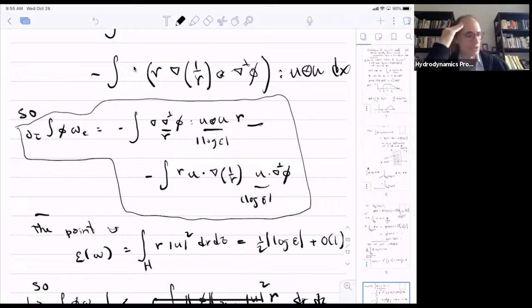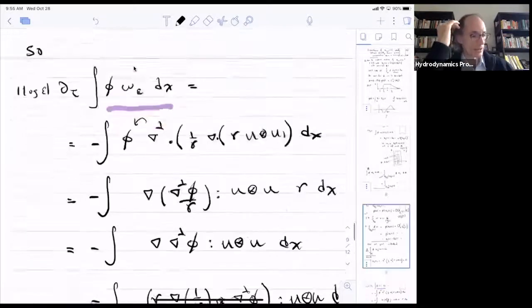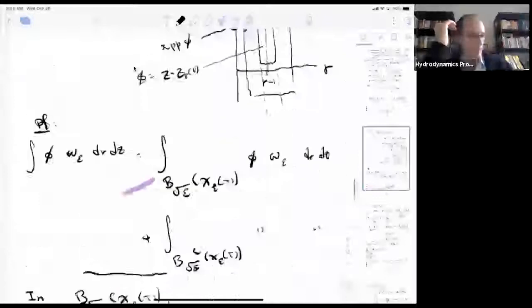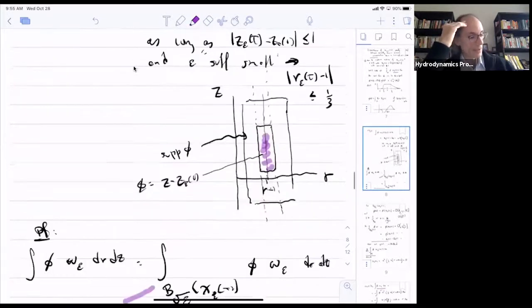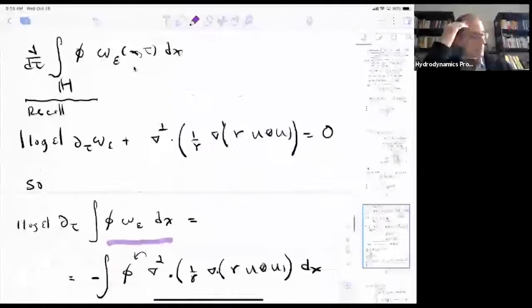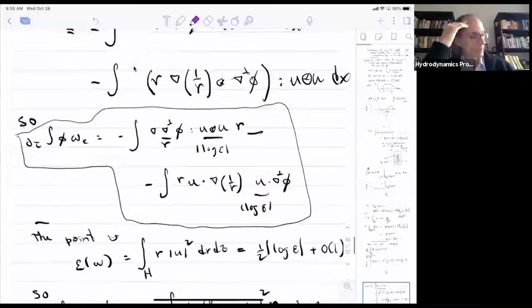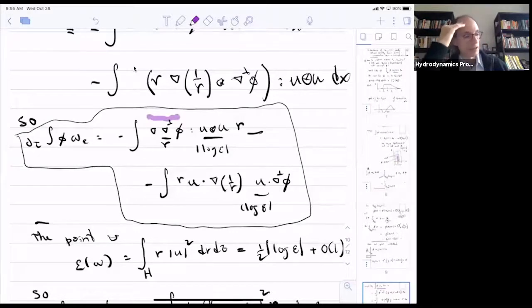the test function phi is linear in this region, right? In this central square, in the central rectangle, the test function phi is linear, and therefore the second derivatives vanish in that region. And so this first integral is supported away from the center of vorticity.